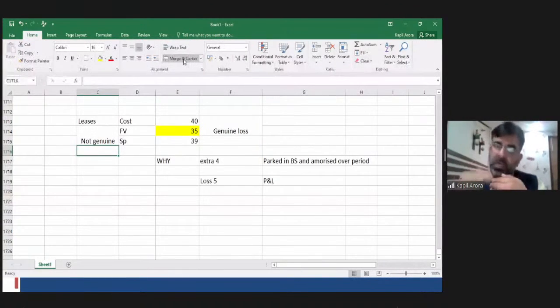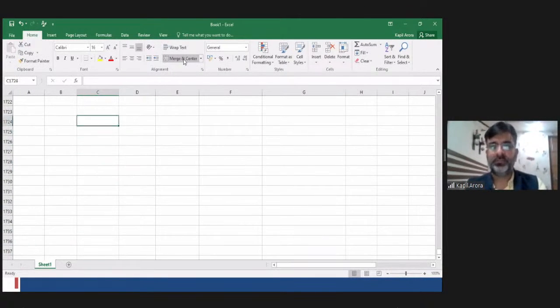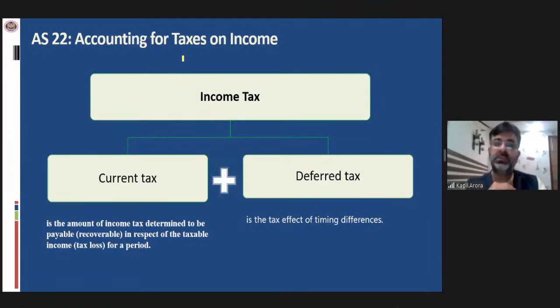It will be parked, taken to the balance sheet, and then amortized over the remaining lease period. So that was about the accounting issues related to AS 19.